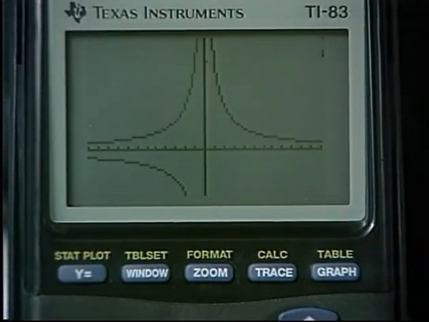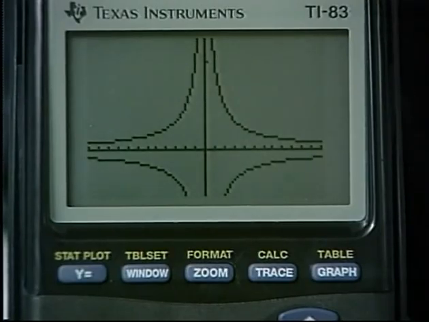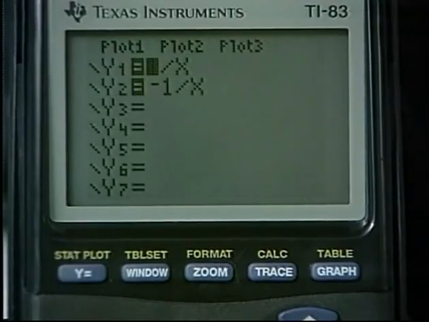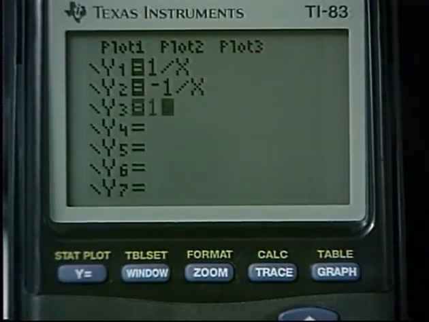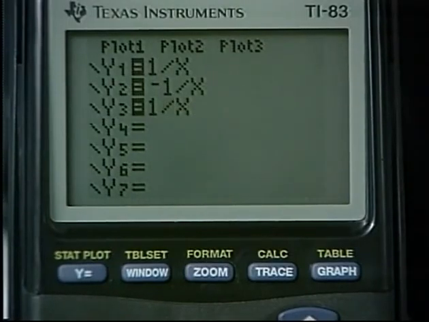Now, what I'm going to try to do is get a sine curve to wiggle in between these borders. And I can do that by doing this. Just enter 1 over x times sine x. Now, I would like to make this a distinct coefficient, so I'm going to go back here and put a parenthesis around the 1 over x.